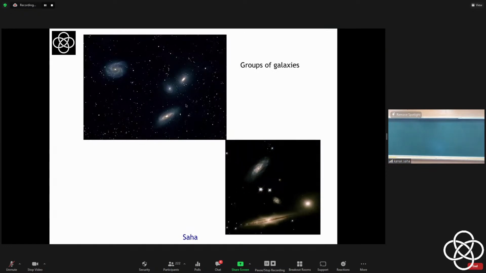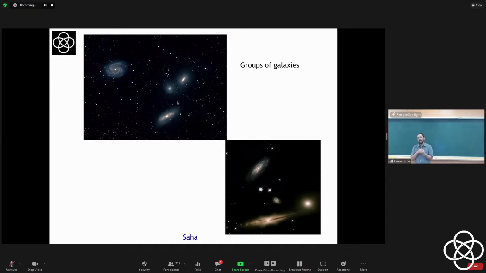So this is a group of galaxies. They are very important because, if we see towards the end of this talk, galaxies live in dense environments, and not all galaxies are isolated. That's the picture that I wanted to give.